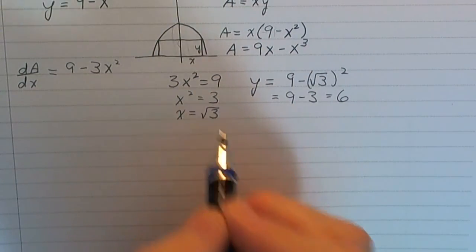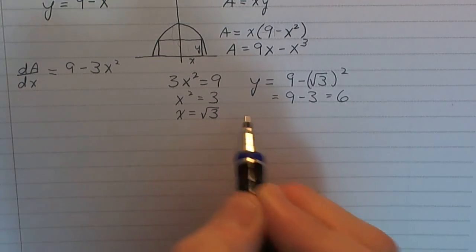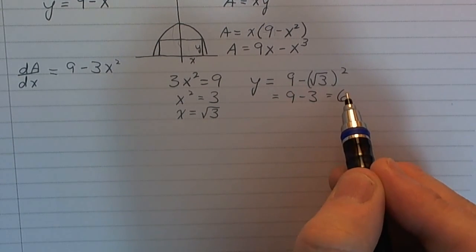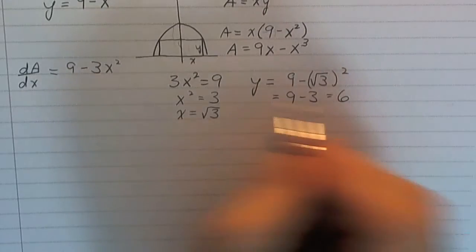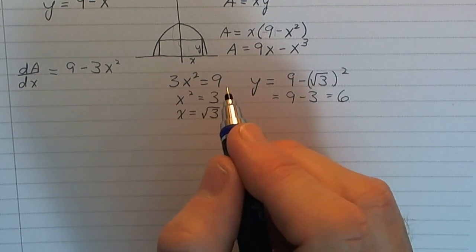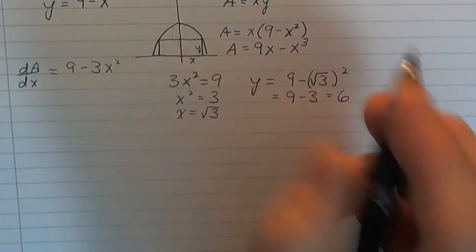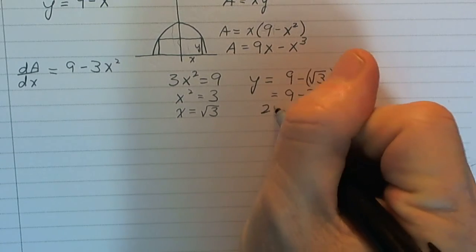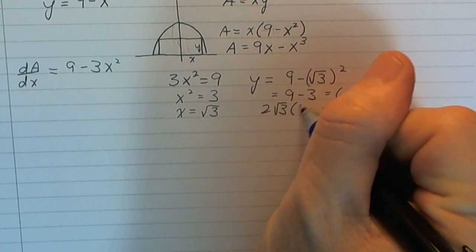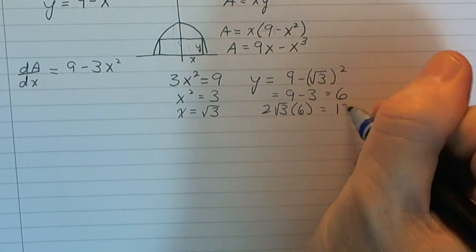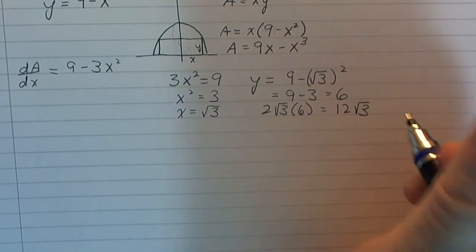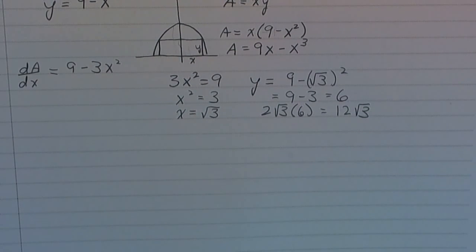So if we choose x to be the square root of 3, then y is going to be 6, and that's going to give us the optimal area. Now the area of this rectangle is going to be 2 square roots of 3 times 6, in other words, 12 square roots of 3. That will be the optimal area.